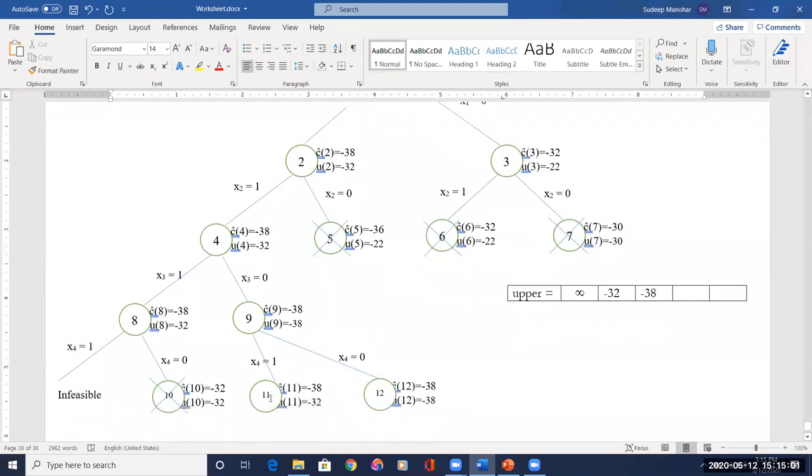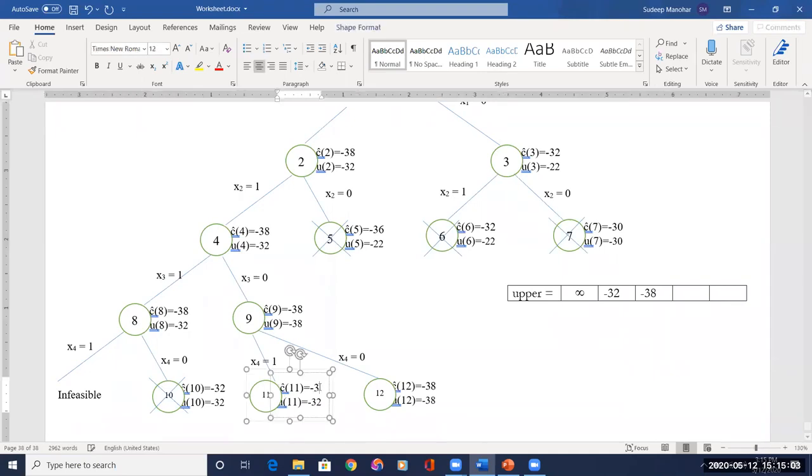So now we have to calculate for node number 11 the values, and for node number 12 the values of C cap and U.